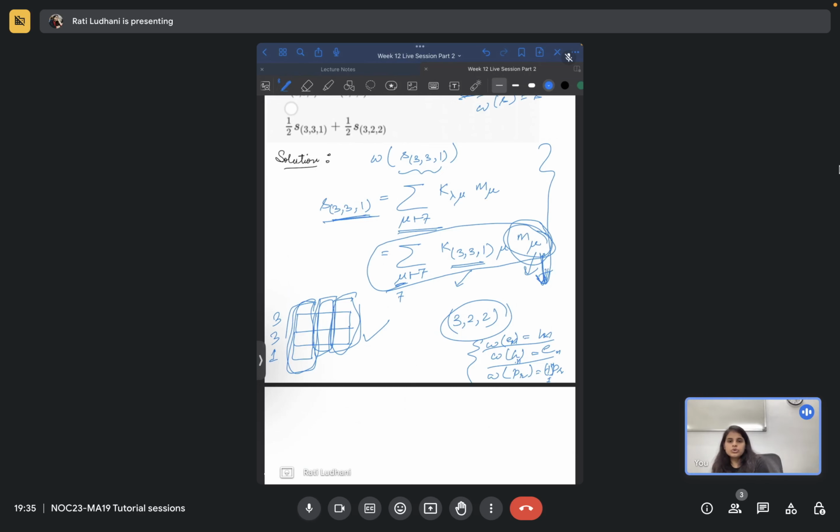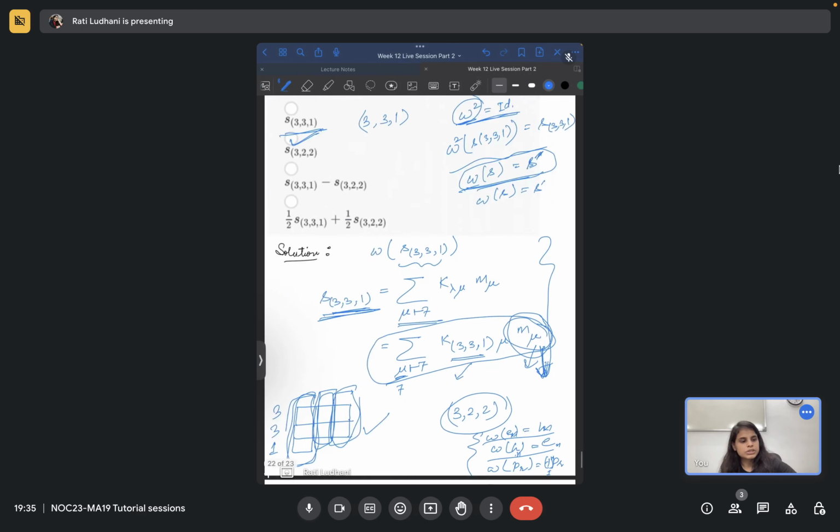Then you can again go to Schur polynomials. That is what I was saying: this is a lengthy process, so it's always good to have a formula in this sense.